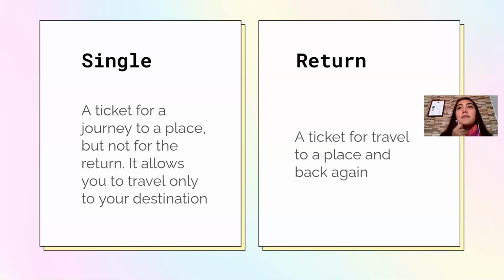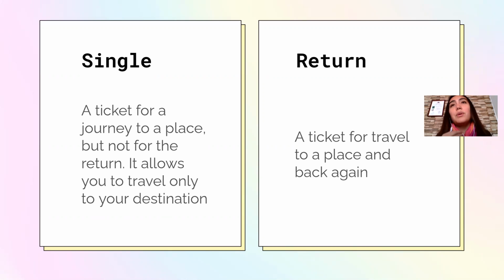In this case, we have single, a ticket for a journey to a place, but not for the return. It allows you to travel only to your destination. For example, a single ticket would be Arica, Santiago, I'm going to Santiago.